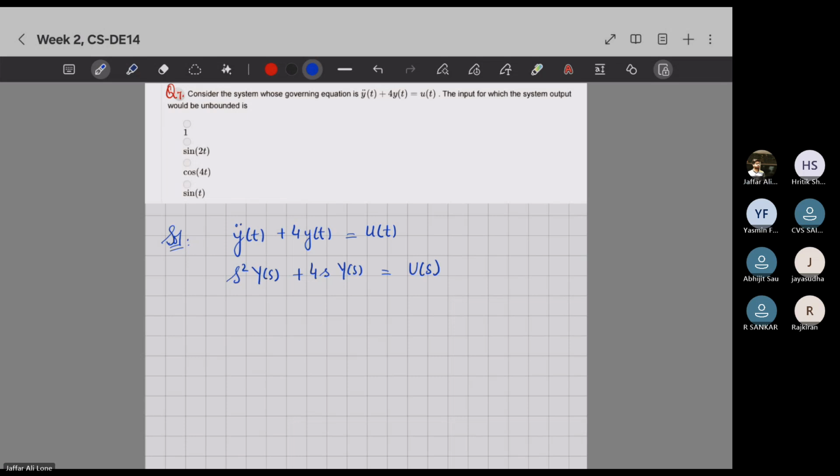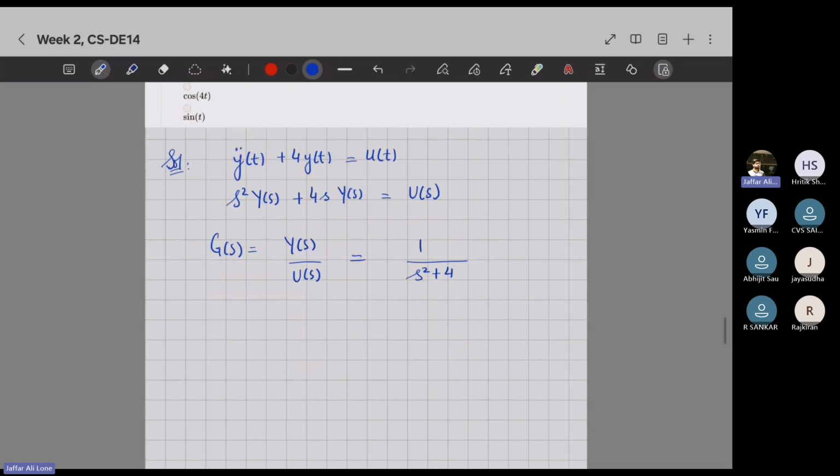So the transfer function is G(s), which is equal to Y(s) over U(s), is equal to 1 divided by s squared plus 4. Okay, so this is our transfer function.